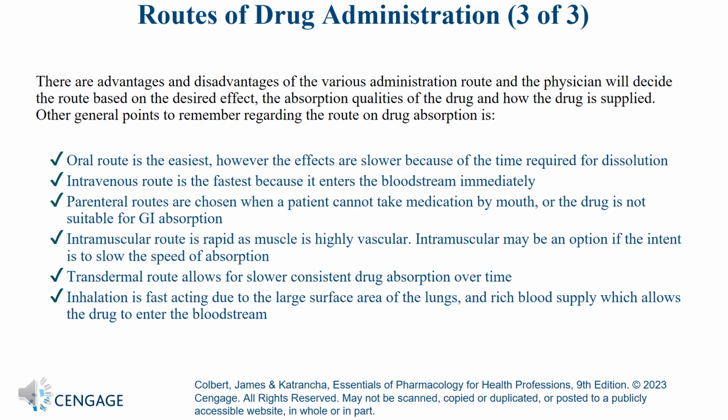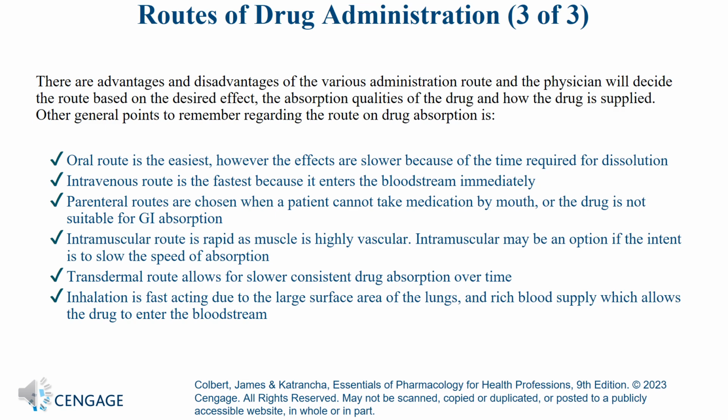Other general points to remember regarding the route on drug absorption: the oral route is the easiest. However, the effects are slower because of the time required for dissolution. Your intravenous route is the fastest because it enters the bloodstream immediately, like a snap of the finger. Your parenteral routes are chosen when the patient cannot take medication by mouth or the drug is not suitable for GI absorption.